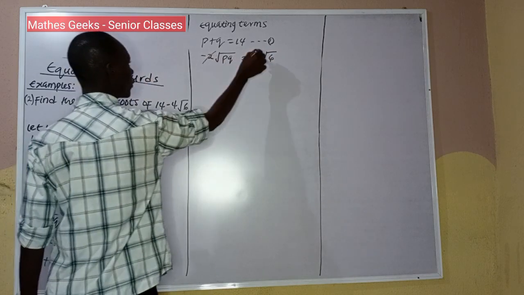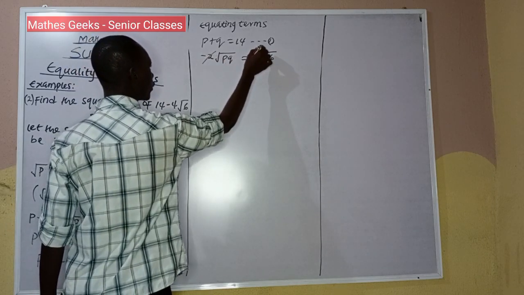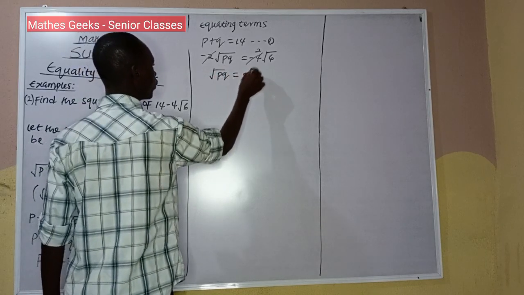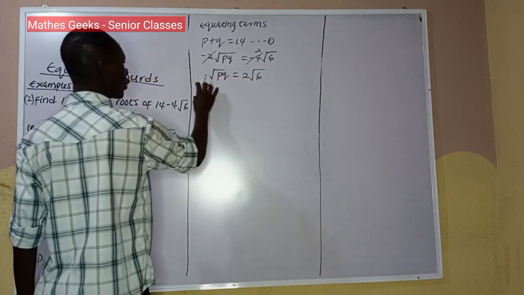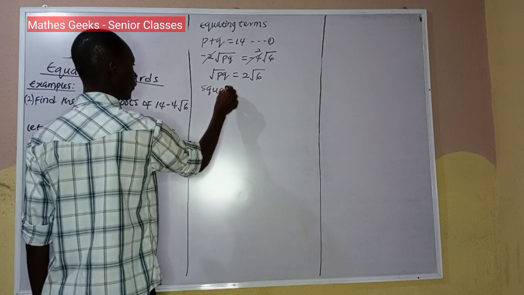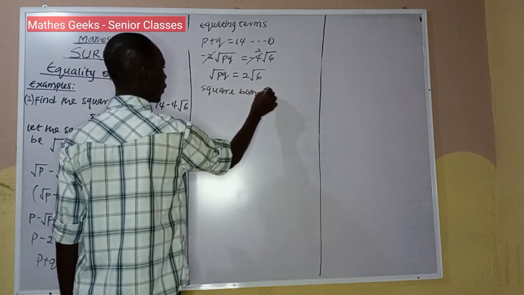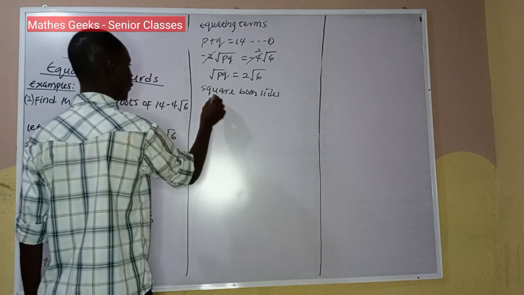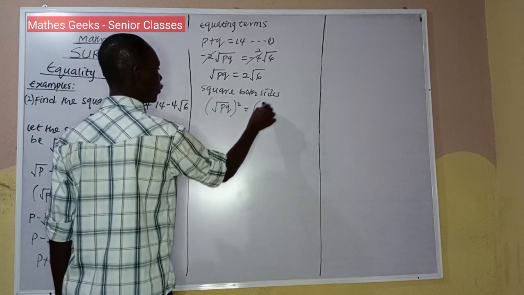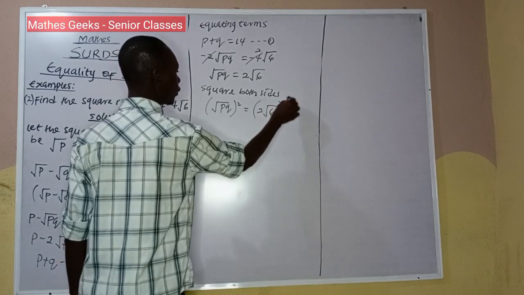So minus 2 will cancel minus 4 to give us 2, so root pq is equal to 2 root 6. So we square both sides. Root pq squared is equal to 2 root 6 squared.